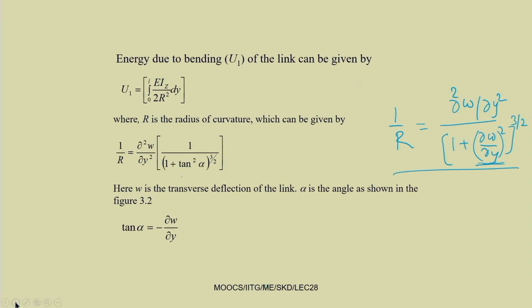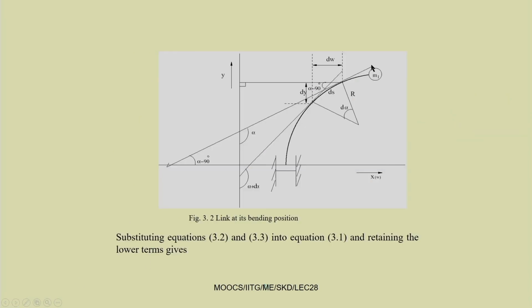I have shown the figure previously; this is the figure. In this figure, this is the deformed beam. In the deformed beam, we can take this as the y direction, this is the x direction, and this is del w, the deflection of the beam.